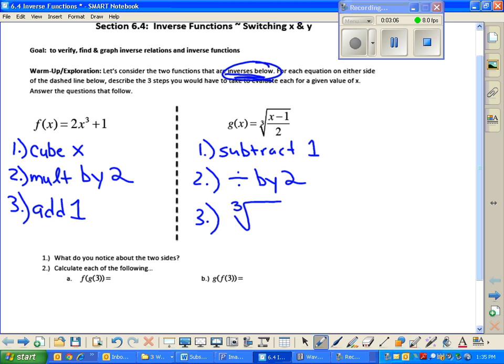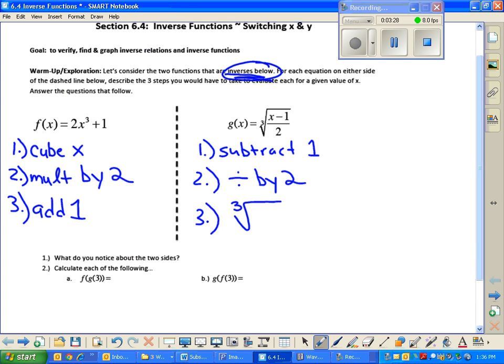So not only are they reverse order, but they're opposites with regard to how they work out or evaluate values for x. Do you see that? Pretty neat. So these equations would actually undo each other, right? You have lots of things that undo each other, and you just got to see 3 right here.